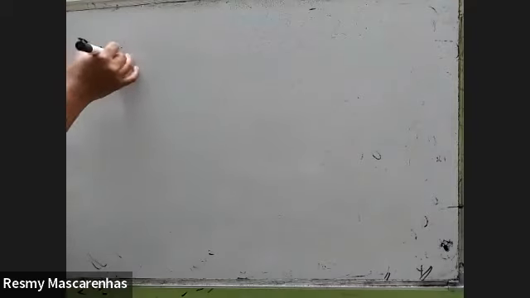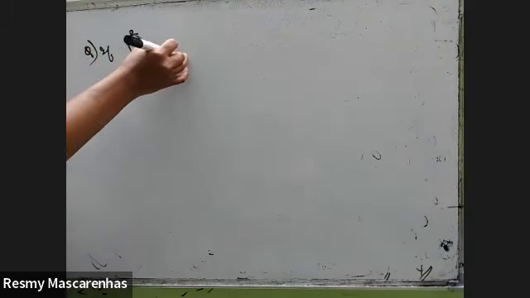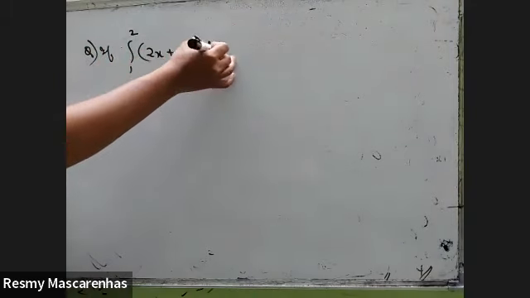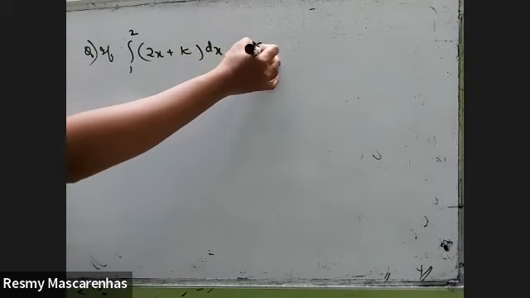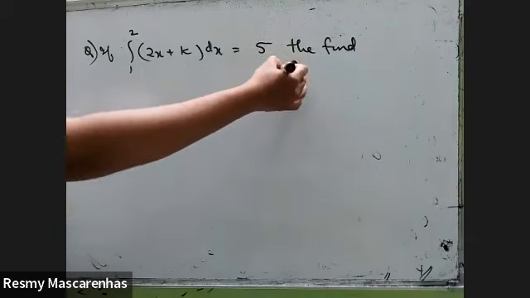Starting just one miscellaneous question. Integral from 1 to 2 of 2x plus k, suppose, is equal to 5. Then find the value of k.